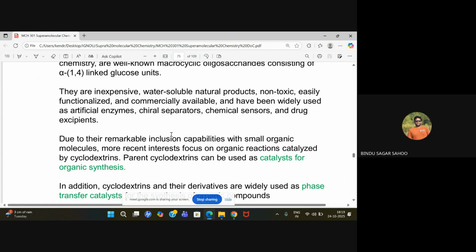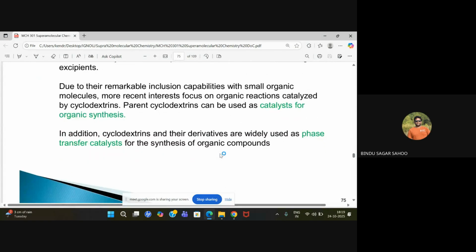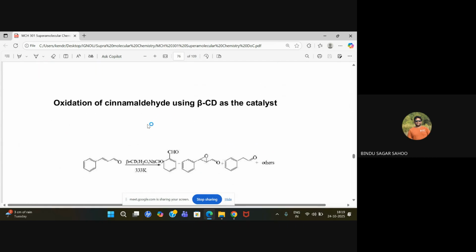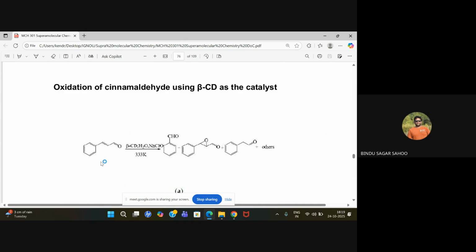Sometimes cyclodextrins and their derivatives are also used as phase transfer catalysts in the synthesis of organic compounds. You can check here so many organic reactions.